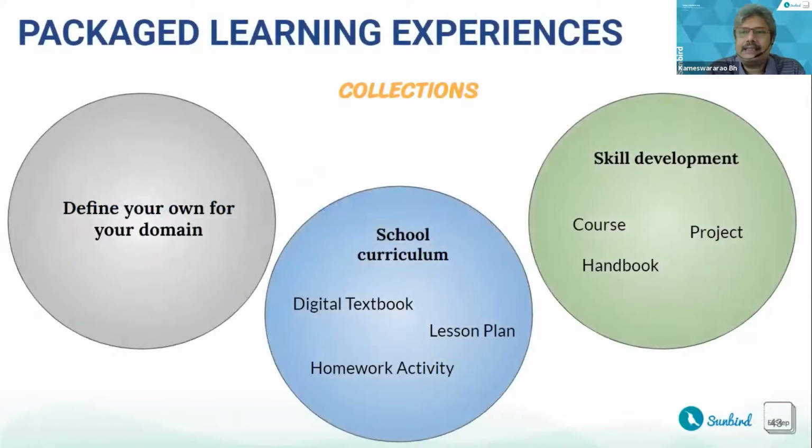When you package relevant assets into a collection, it enables an experience for the user, and they can easily find relevant content together in a single package, which makes it easy to consume those assets, right? So again, you can think of what makes sense and how you want to package your learning assets based on your use cases, based on your domain.